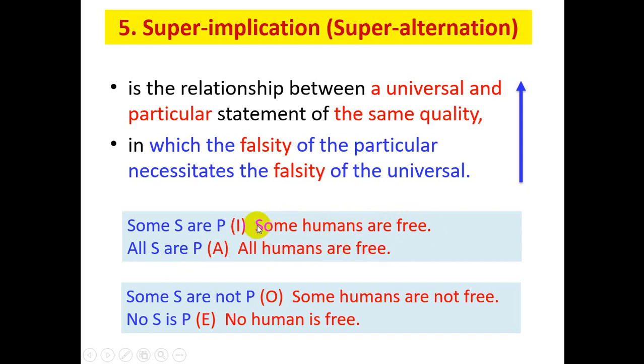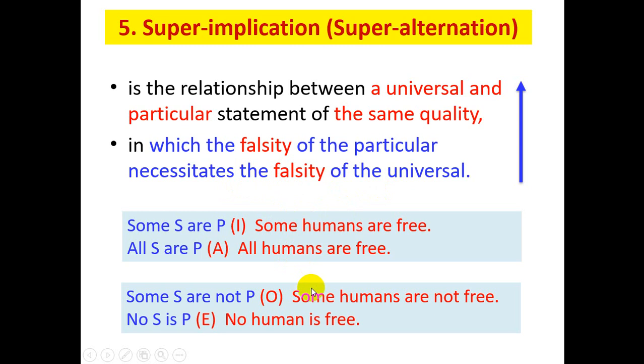So we have particular affirmation and universal affirmation. If the first one, this particular affirmation, is false, then the next one is false too. Why? Because the falsity of the particular necessitates the falsity of the universal.